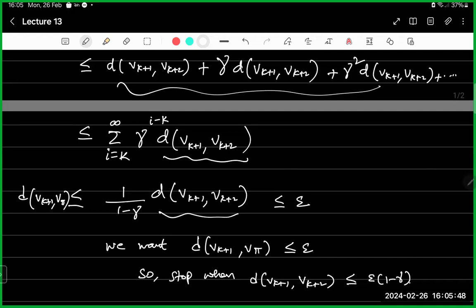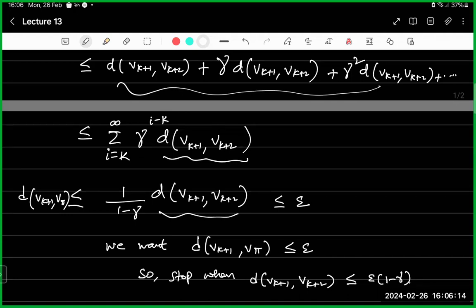Okay. So you keep repeatedly applying vk plus 1 equal to f of vk till the difference between two successive vectors vk plus 1 and vk is less than or equal to epsilon into 1 minus gamma. You decide how close you want your final answer to be, right? If you can tolerate epsilon of, let's say, 10 power minus 6, you take epsilon equal to 10 power minus 6.